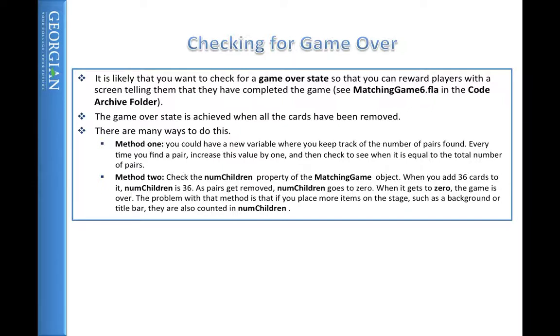And when it goes down to 0, you know you've eliminated all the objects from the screen, and therefore you win. But the problem with that is you might have other objects on there too. Like for example, if you have a score, that's an object. Or if you have a counter, that's an object. Or anything else, some other button, that's an object. So you might have extra objects in there, and so you may not get to the right solution.